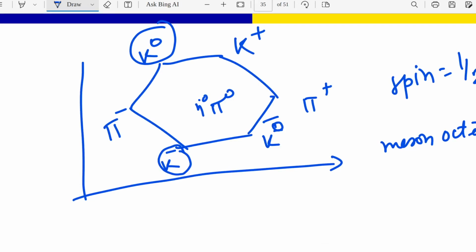As I already mentioned, this is 0, this is the I3 value, right? This is half, this is 1, this is minus half, this is minus 1, right? So from that figure you can see K0 and K minus have the same I3, right?